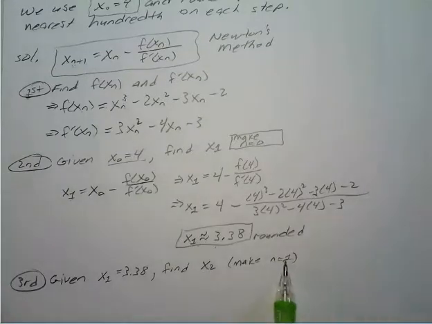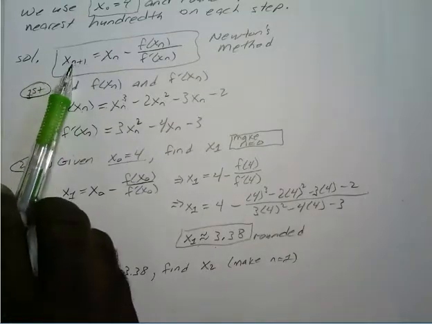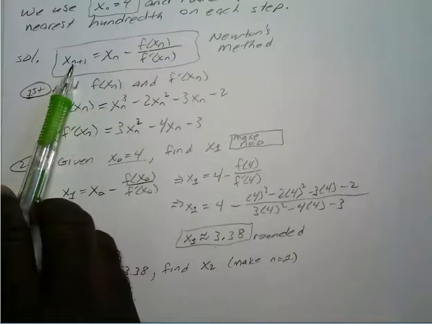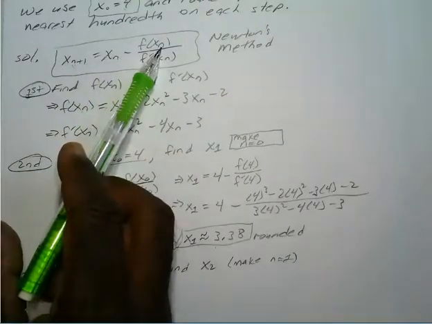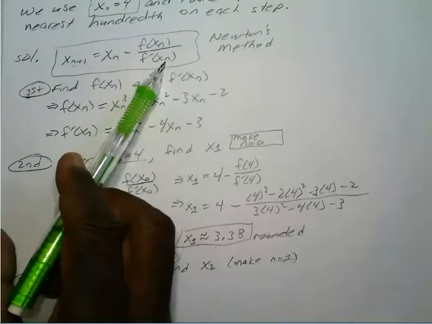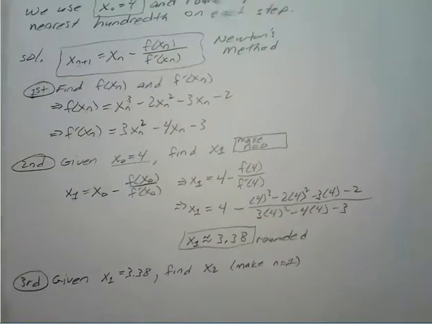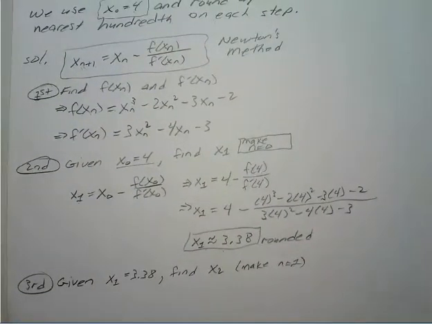If we make n equal 1, you have x sub 1 plus 1, so x sub 2 equals x sub 1 minus f of x sub 1 over f prime of x sub 1. We're using the very same formula, we're just changing our independent variable.